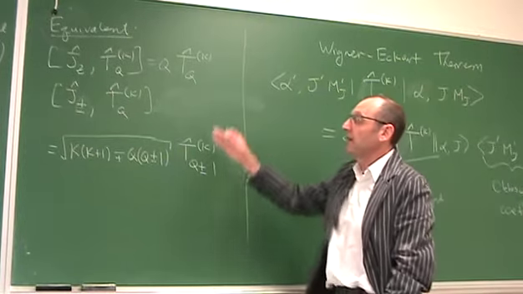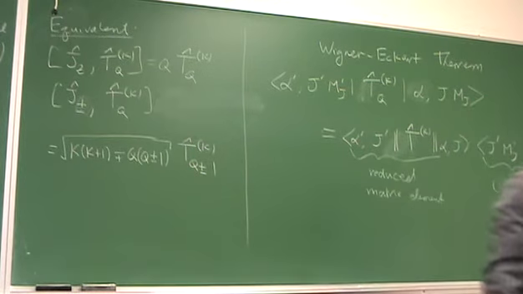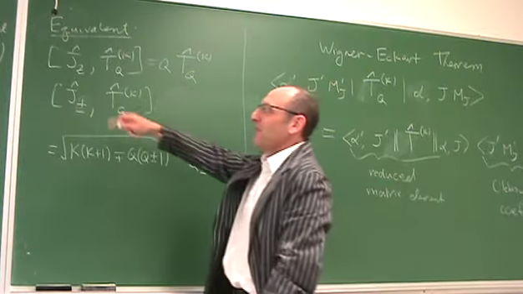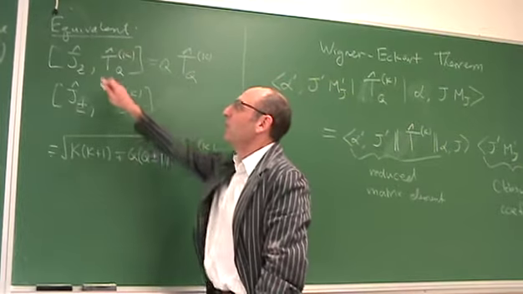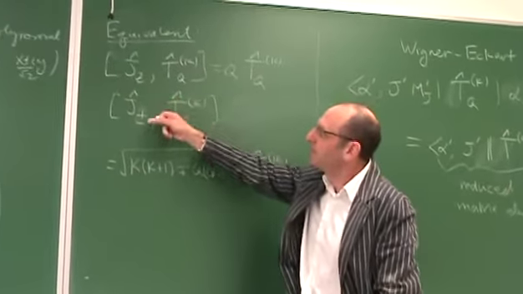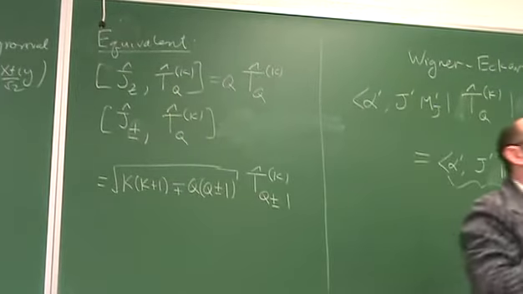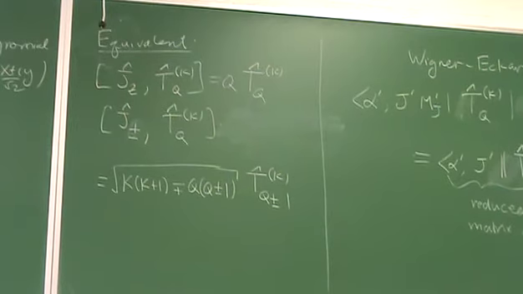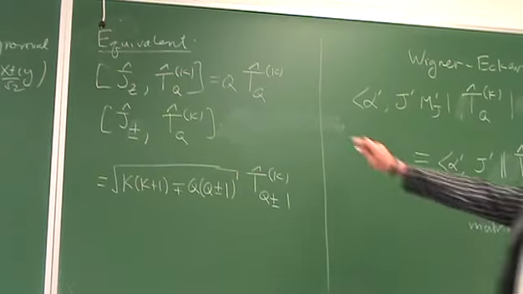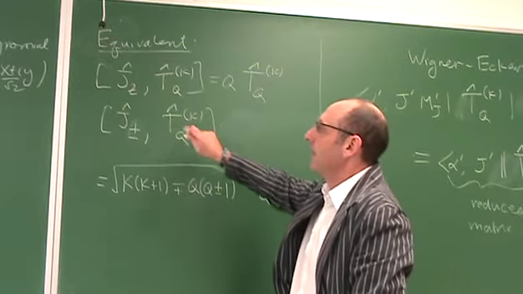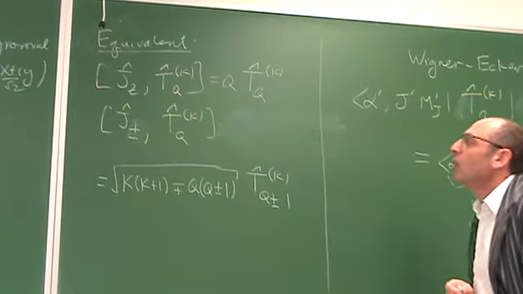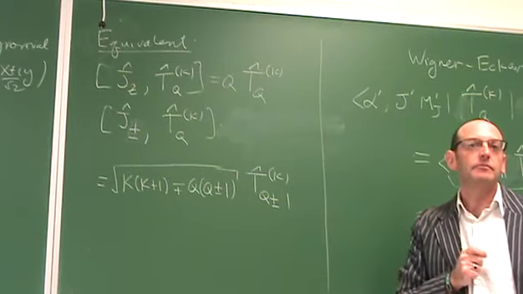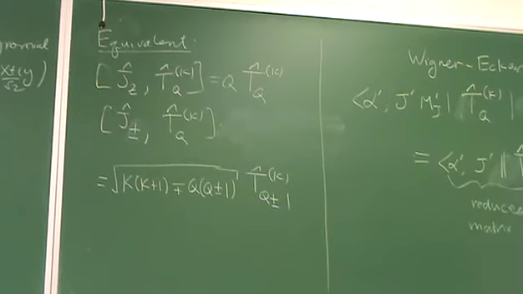And those defining relations are given here. So if we have 2k plus 1 components which have these particular commutation relations with the components of the angular momentum, then we say that these are the components of an irreducible tensor operator with respect to J.